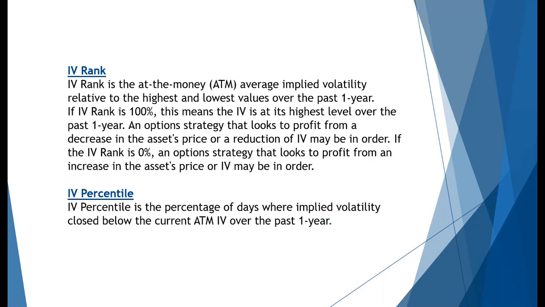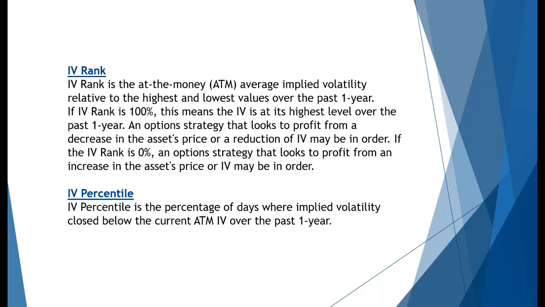So for example, if I have a stock whose historical volatility is, let's say, 35%, but the range of the implied volatility is 30 to 40 over the last year, and our current implied volatility is, let's say, 30, then it would rank 0.